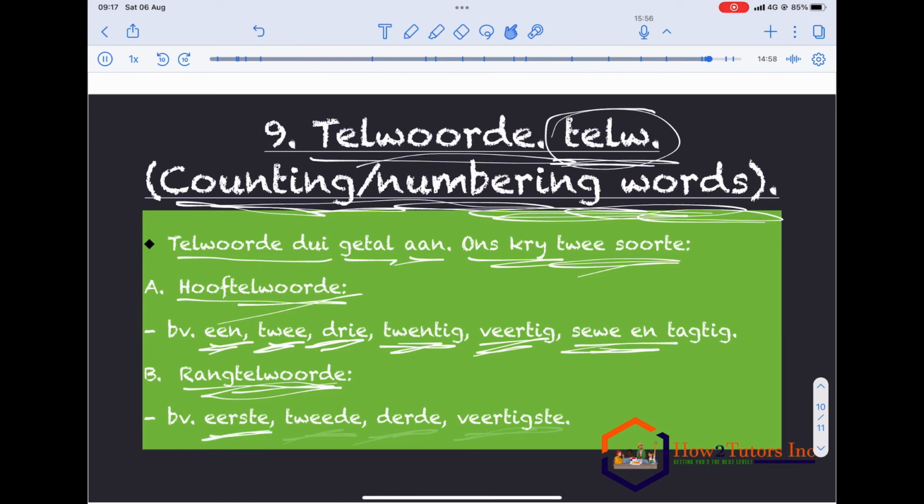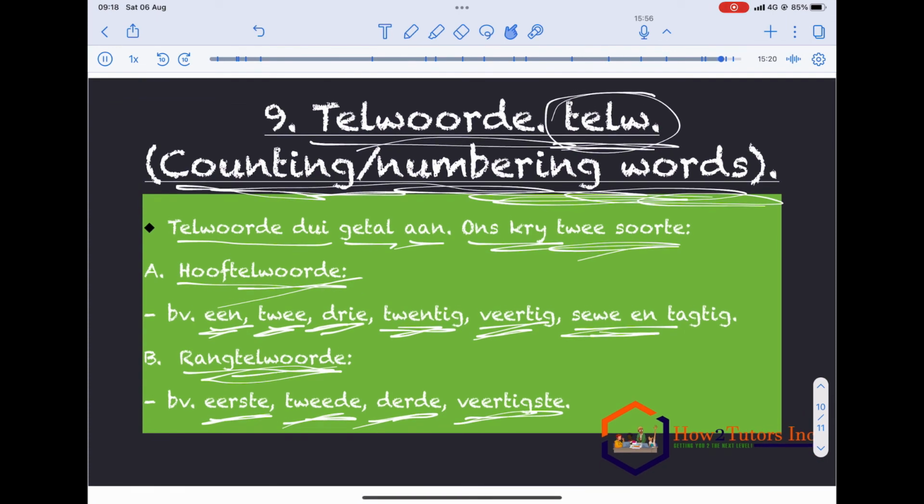Byvoorbeeld, eerste, tweede, derde, 40ste. So rangtelwoorde show the number position. Eerste means first, tweede means second, derde means third, 40ste means the 40th. So it just shows you the ranking. Rangtelwoorde show you the rank. So it was the first, the eerste, and so on, and so forth.